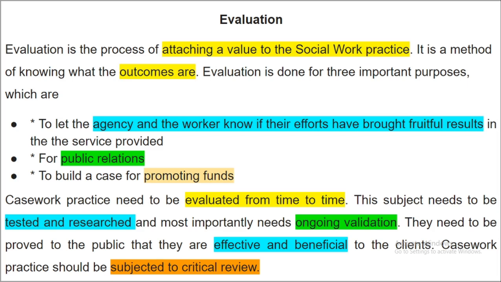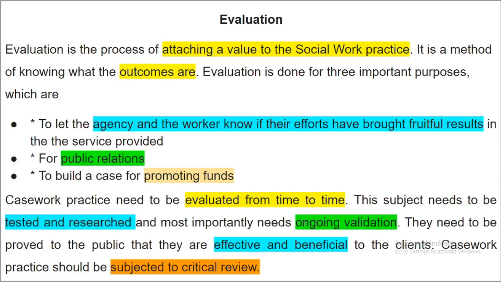One, to let the agency and the worker know if their efforts have brought fruitful results in the services provided. So first they want to know whether the agency or worker, that means the caseworker, has given an effort that was fruitful or not. Second, public relations, that means they want to build a good relation between the client and the agency.